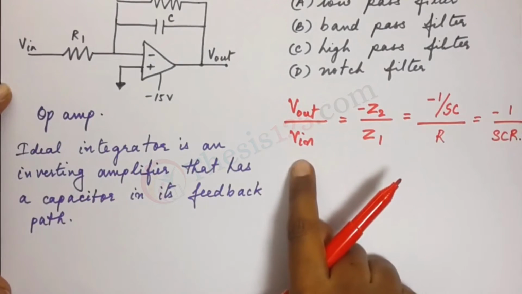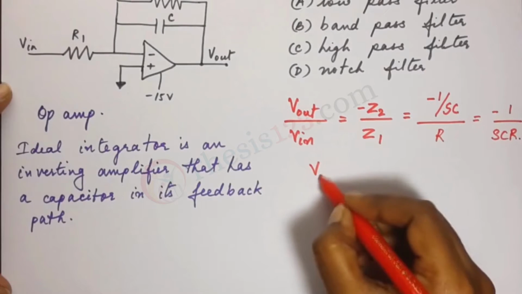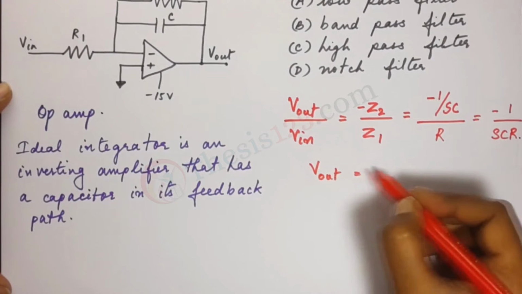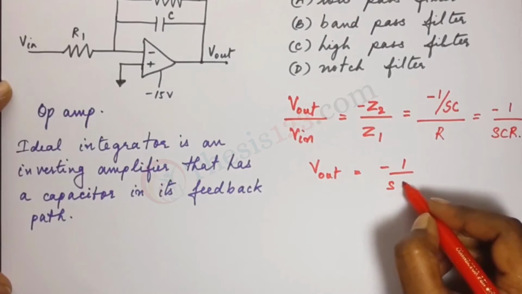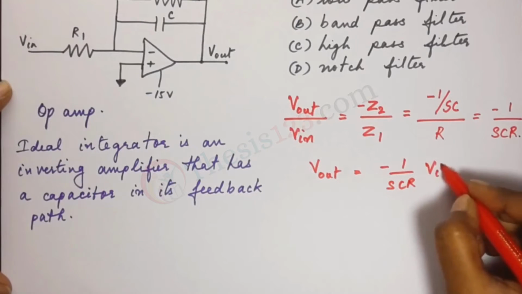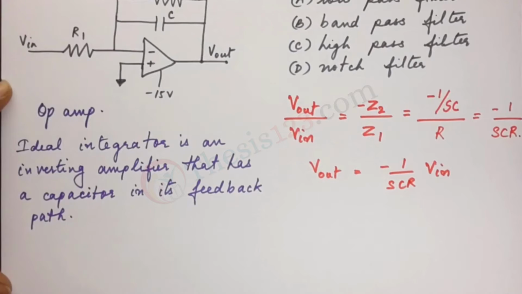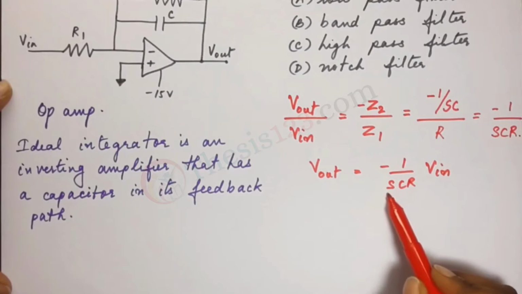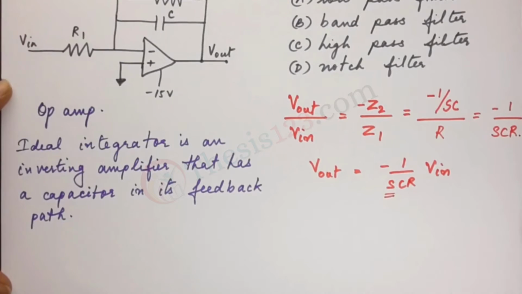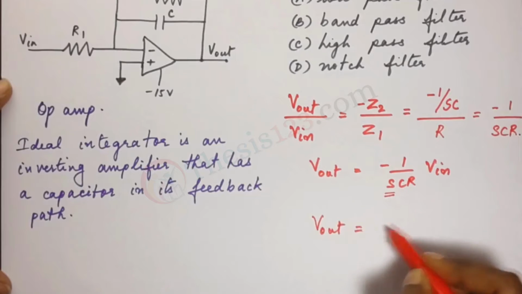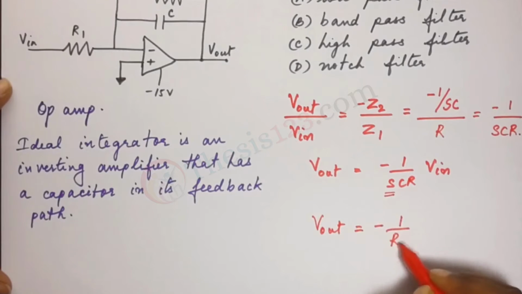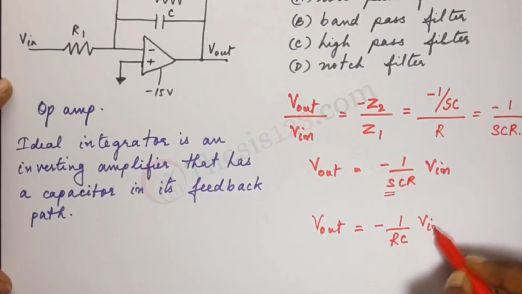Now to put this in better perspective, we can say that the output is minus 1 by SCR times V in. Okay, so if we were to convert the S in terms of time domain, then we can simply write this as V output is equal to minus 1 by RC V in.